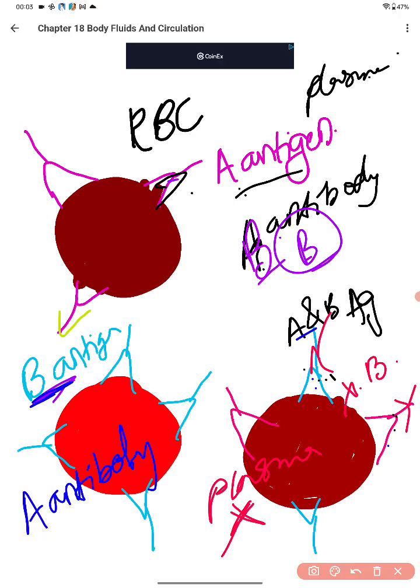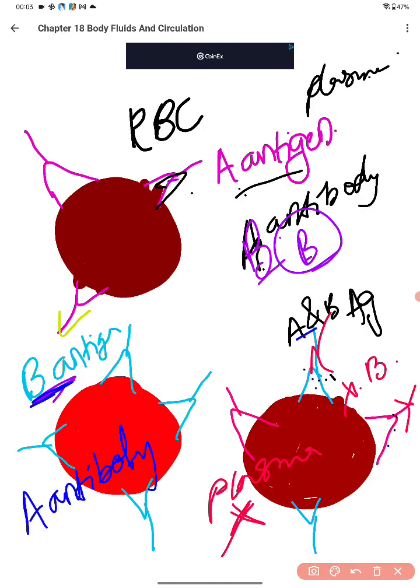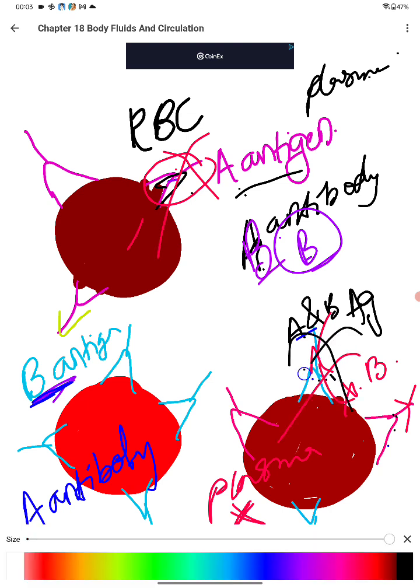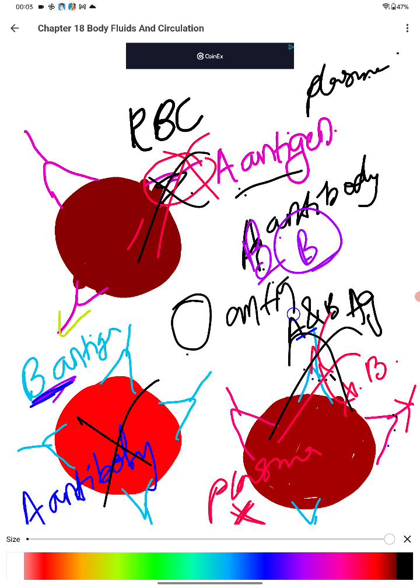Okay, understood? For some people, there is no antigen. They are called O. That's why we give 0 or O antigen.